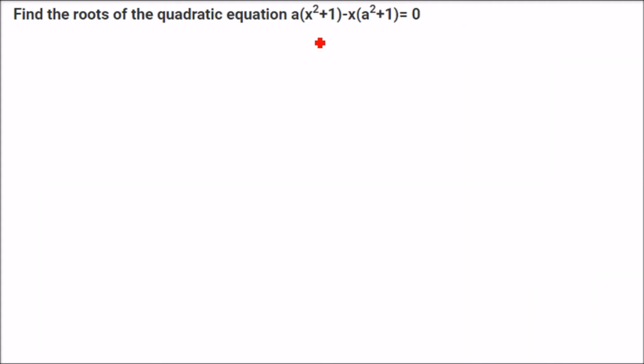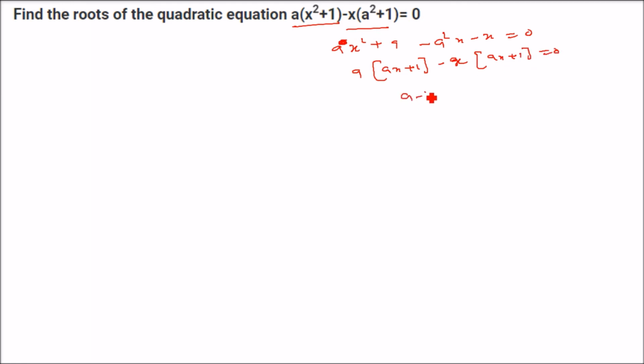Find the roots of the quadratic equation. So just open it. ax square plus a, open this also, minus a square x minus x equal to 0. ax square, take a common from here, you get x plus 1. And take x common from here, you get ax plus 1.